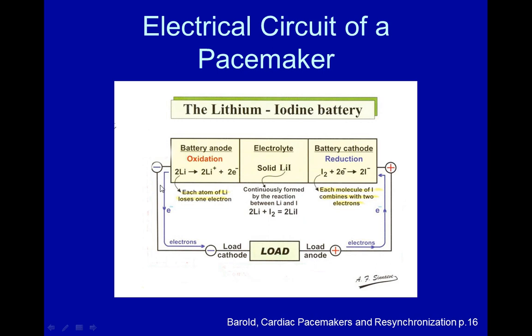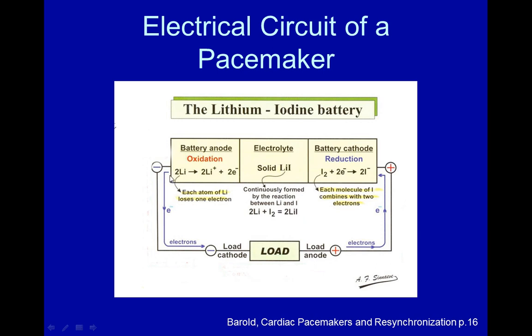And those electrons want to escape and move over this way, and so the electrons flow over to where the reduction process is going on in the battery's cathode, where iodine plus two electrons are used to create two iodide ions, and the iodide and the lithium ions then combine in an equation to develop lithium iodine, and that is a solid that over time builds up and it increases the resistance in the battery, and we will use that increased resistance to help us measure the remaining battery life.